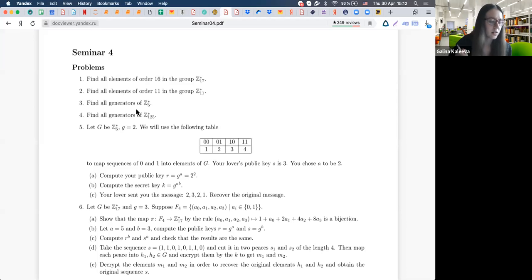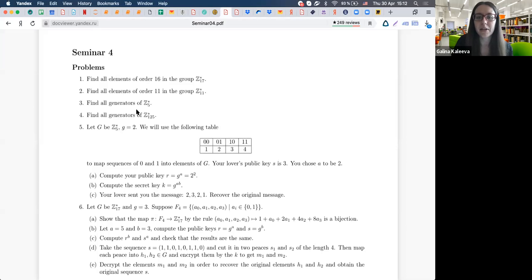Let's take the cyclic group of order 5, and let's consider all the elements which have inverse elements as a multiplicative group.